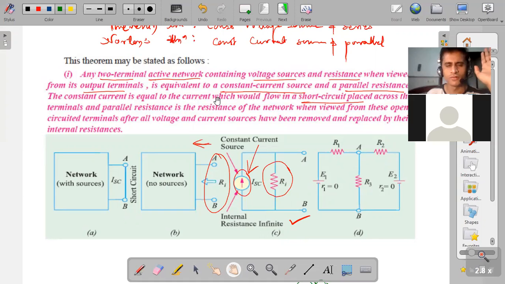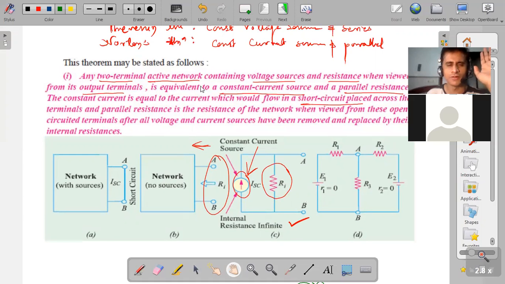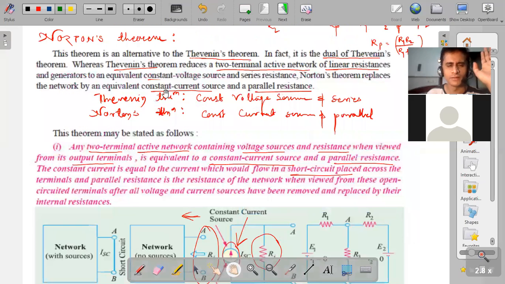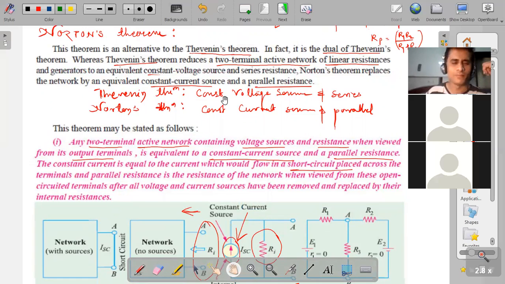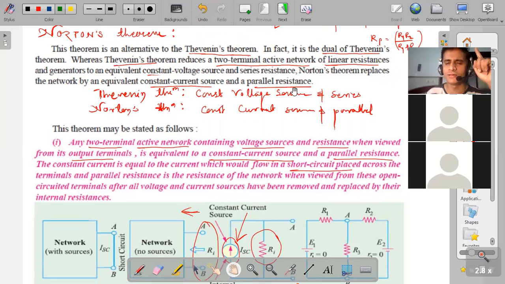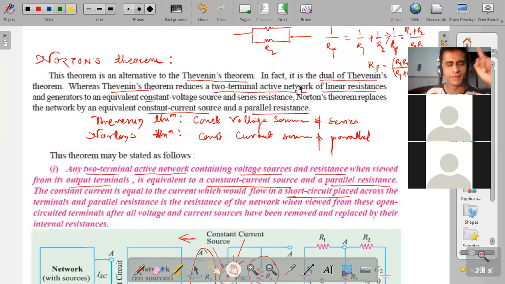Understood, dear student? What is the difference between Thevenin and Norton theorem? Thevenin theorem is related to constant voltage source and series resistance, and Norton theorem is related to constant current source and parallel resistance. This is also referred to as the dual of Thevenin theorem.